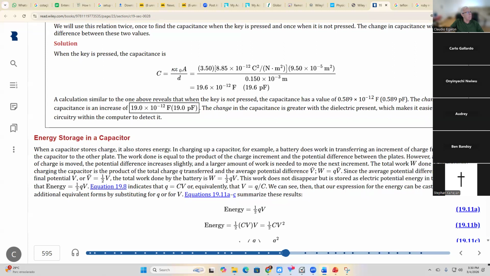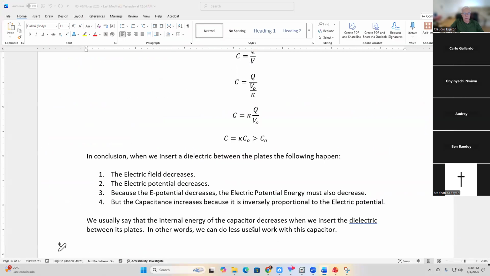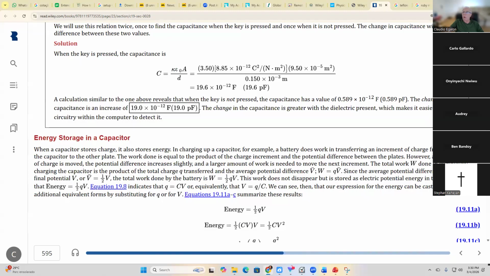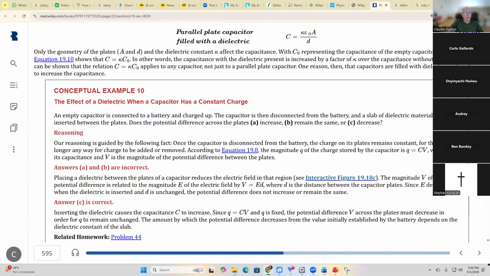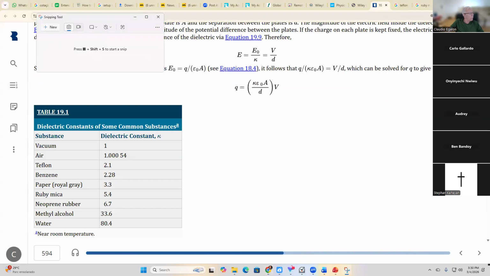Okay. Now we're going to calculate the potential energy that a capacitor carries. First, I want to copy that table of the dielectric constants into my notes.